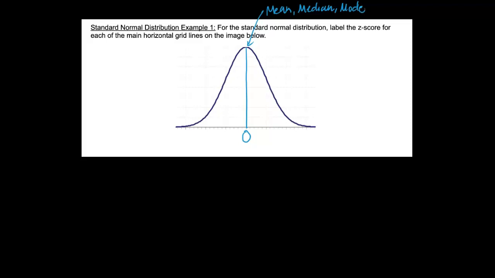Okay, and then we have 1 standard deviation above average. We can just put a 1 there. 2 standard deviations above average, and then 3 standard deviations above. And then we can label below average as -1, so that'd be 1 standard deviation below average, -2 standard deviations below average, and then a -3 for 3 standard deviations below average.